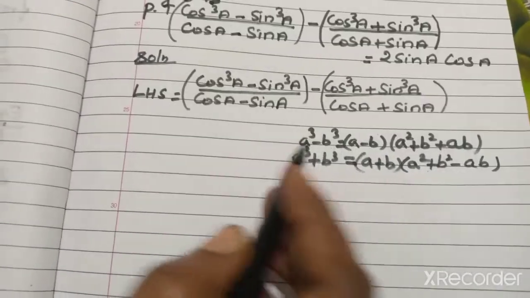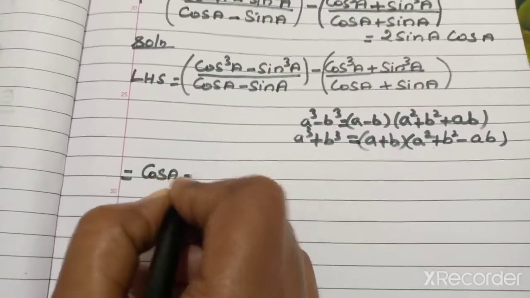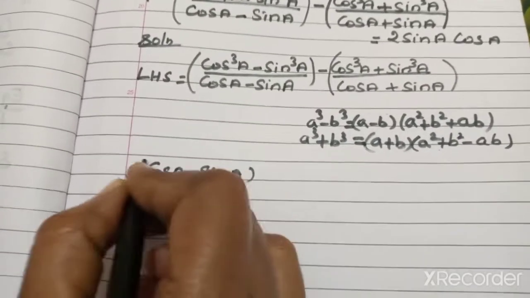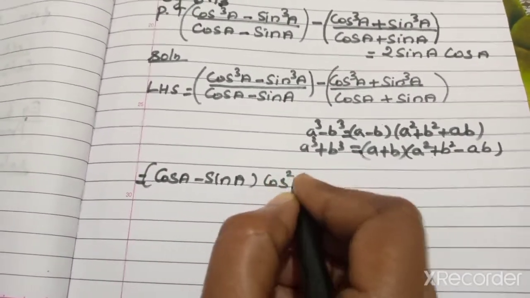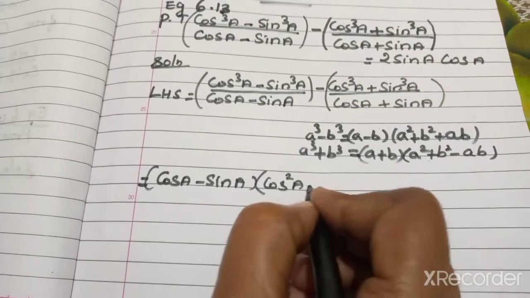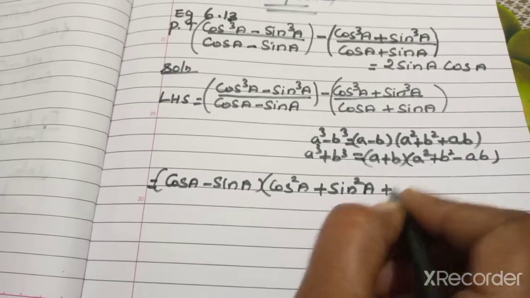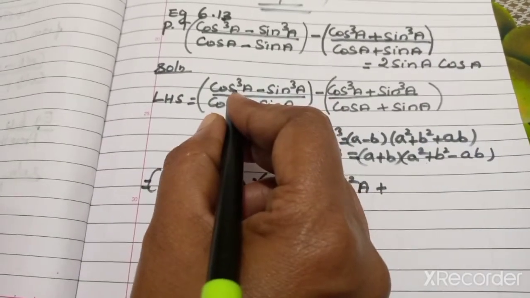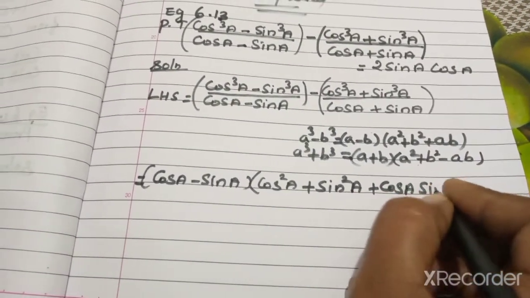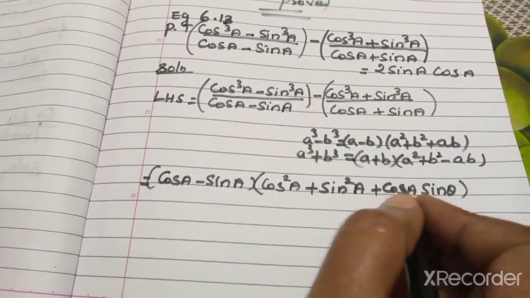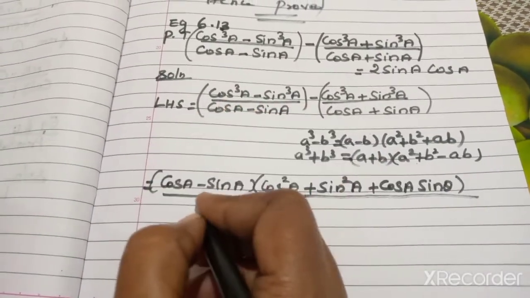A minus B means (cos A minus sin A) into, close the bracket, then A square, that is cos square A, plus B square, that is sin square A, plus AB, for that A is cos A and B is sin A, cos A sin A, close the bracket, divided by this cos A minus sin A.